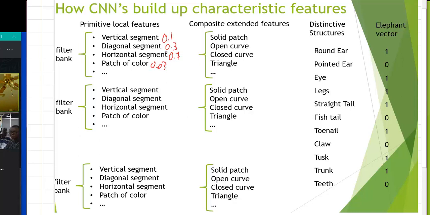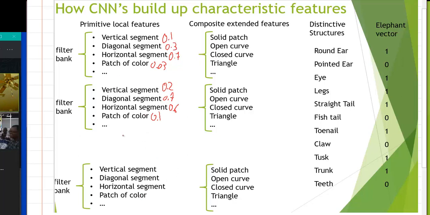What these numbers represent is the confidence that this feature has been identified. Now this filter bank may apply to a neighboring patch of the picture, and this will give some other set of numbers, 0.2, 0.7, 0.6, 0.1, and so on. So you get numbers for all of these filter banks.